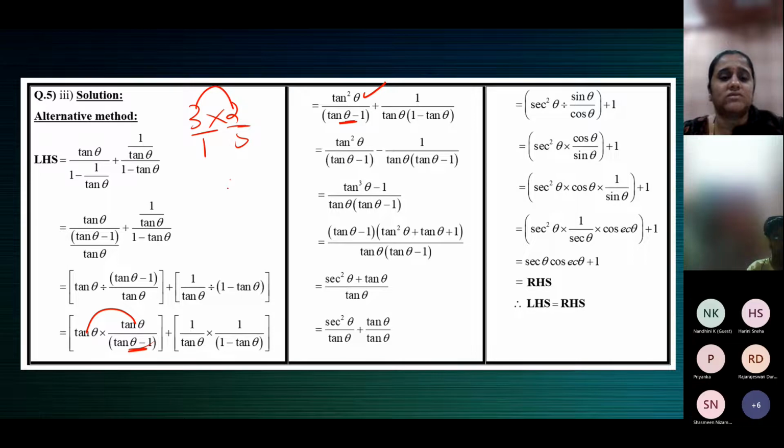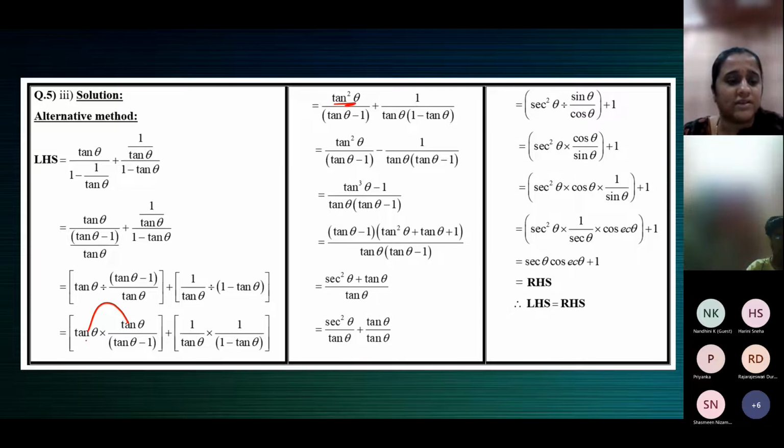So here tan theta into tan theta is tan square theta, by there's nothing here, so 1, so it will be tan theta minus 1. Then plus again 1 into 1 is 1, and then multiply this. You can see it here. That's what is here.